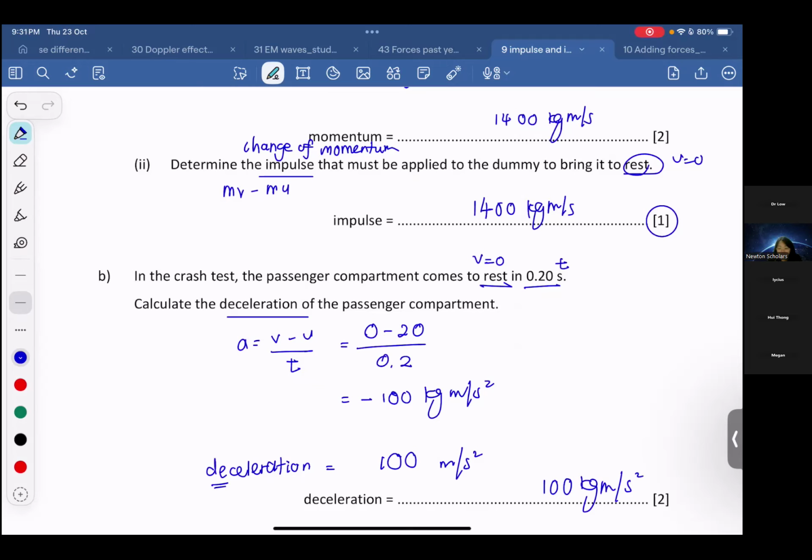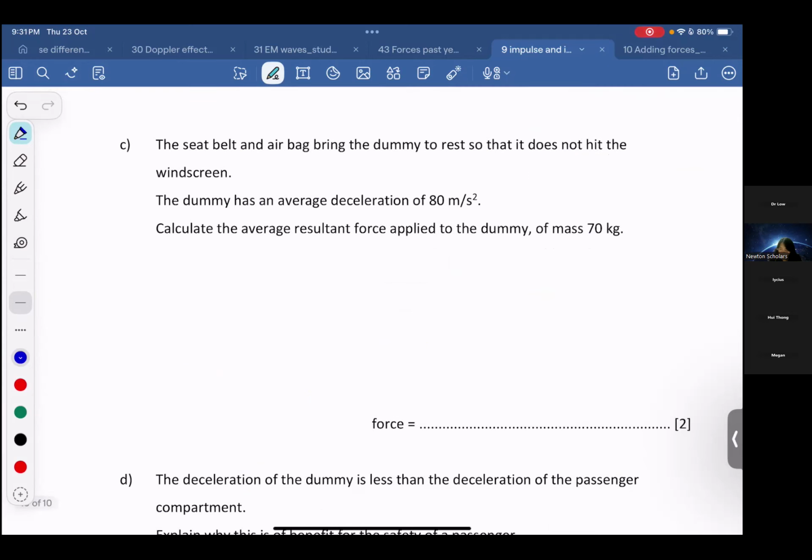Can. So we proceed to the last page. Okay, let's go. They got the seat belt and then airbag to bring the dummy to rest so that it doesn't hit the windscreen. So it has the deceleration, negative 800. But when we do substitution for that, we don't need to put a negative, okay, resultant force.